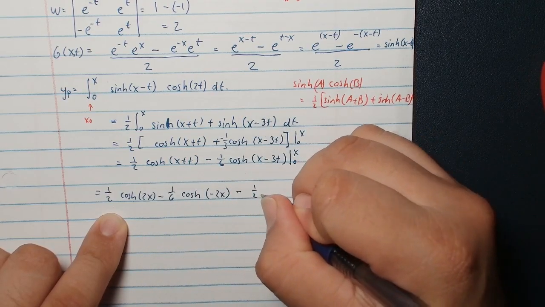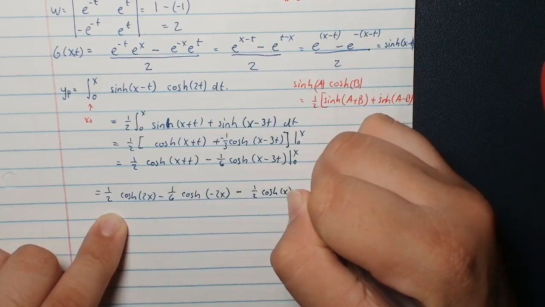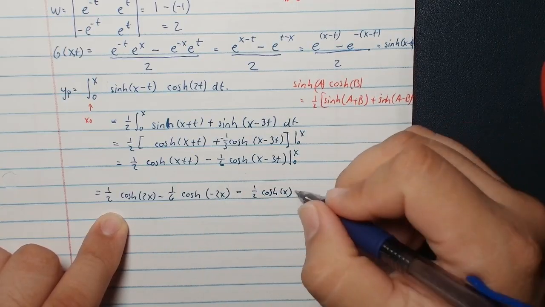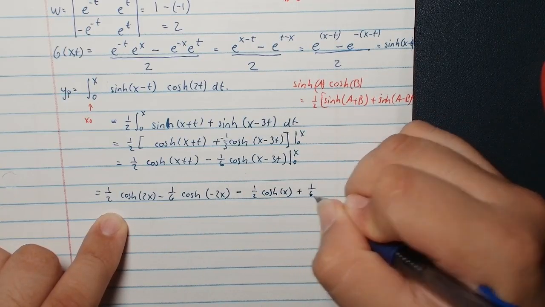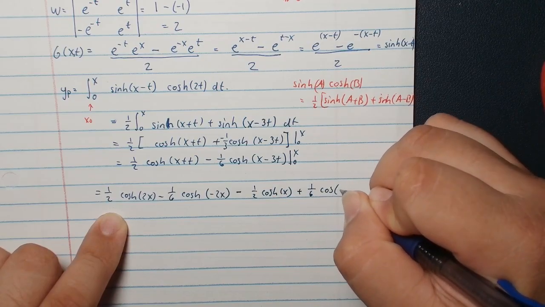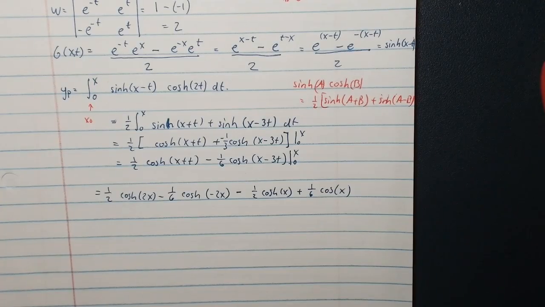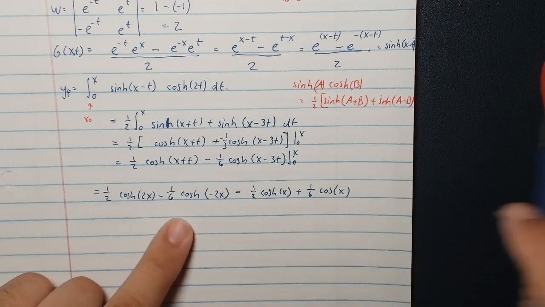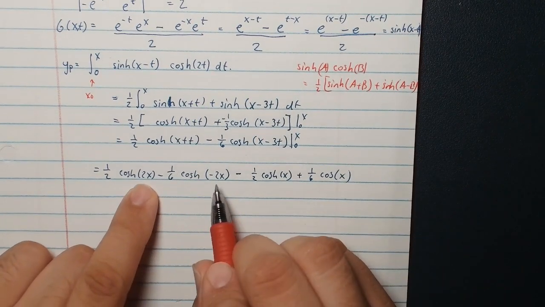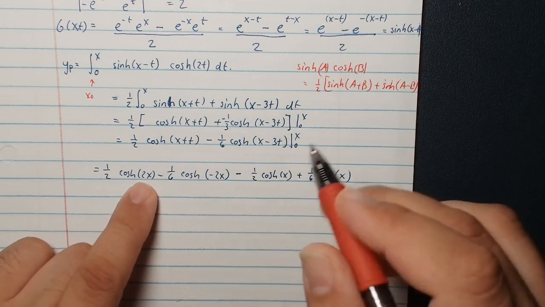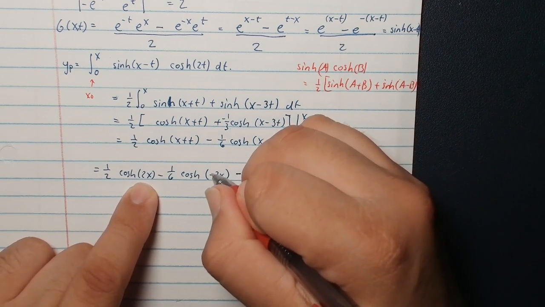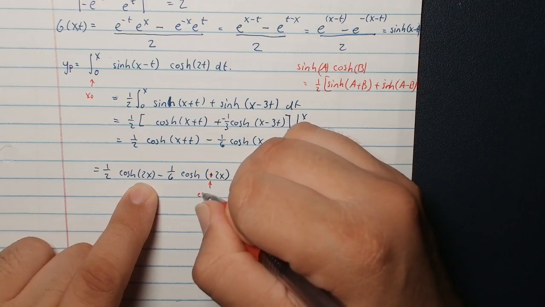So I get minus half cosh of x. And then minus a minus would be plus 1/6 cosh of x again. Like that. And then, well, let's see. Cosh is an even function. So having cosh of 2x and cosh of negative 2x makes no difference. So here, I can get rid of the negative. And again, that's because cosh is even.